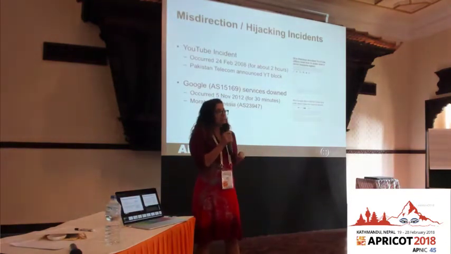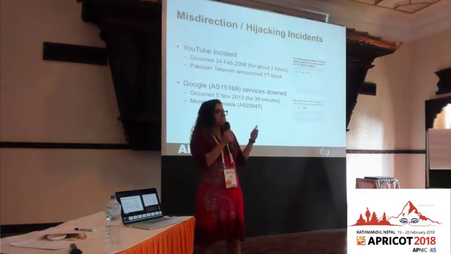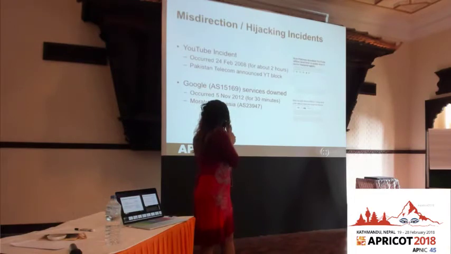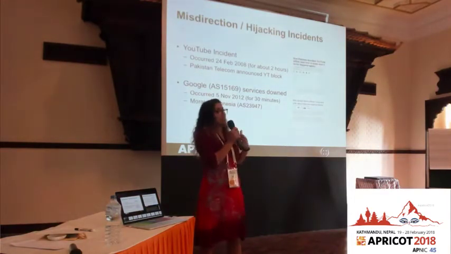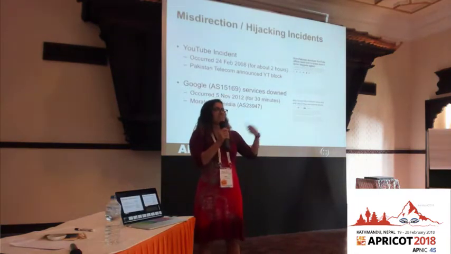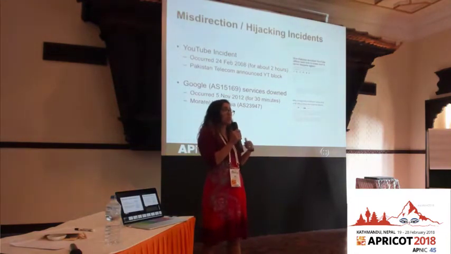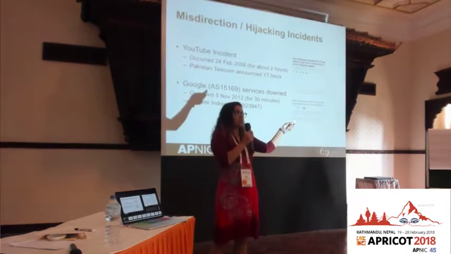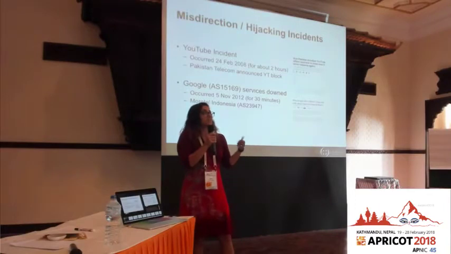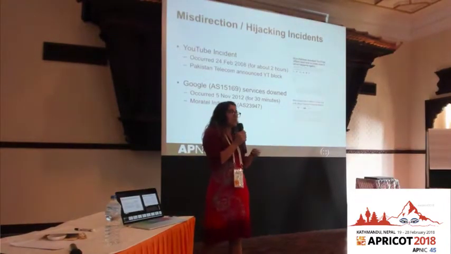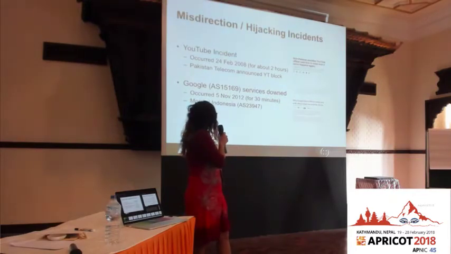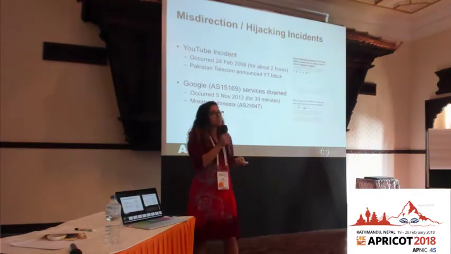Apparently by mistake, some operators started announcing prefixes that were not allocated to them, and they started receiving a lot of traffic that was not supposed to come to them, and YouTube stopped receiving that traffic because the prefixes they started announcing by mistake were prefixes used by YouTube. And it was something similar with Moratel Indonesia and Google.